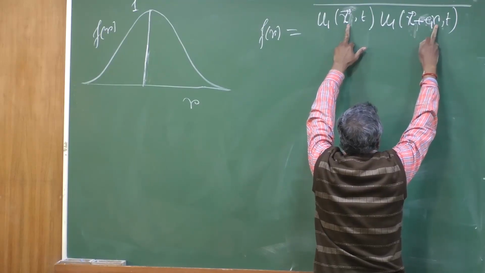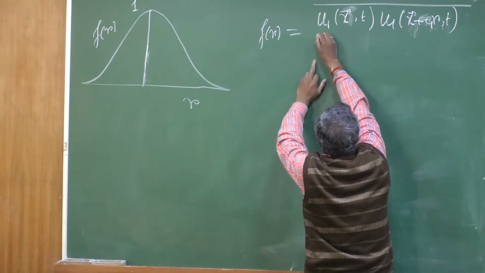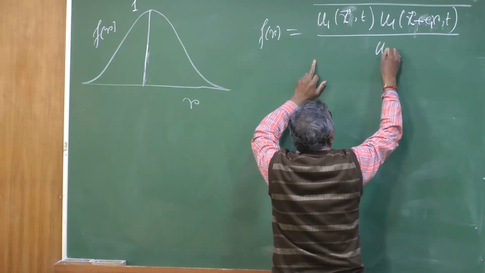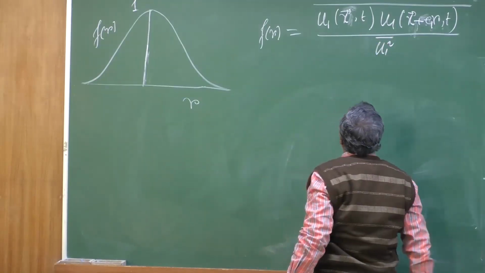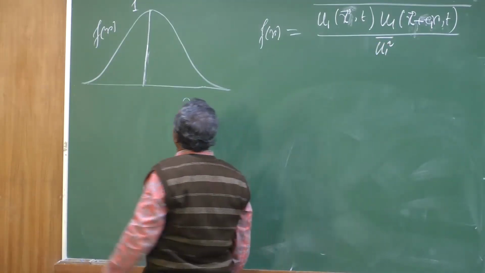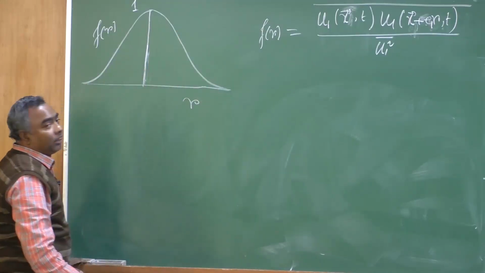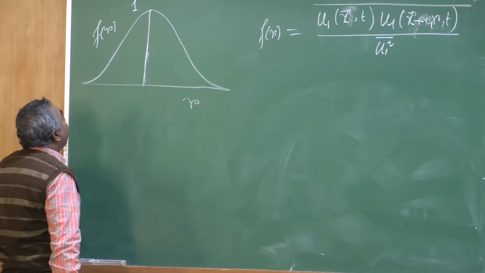So, it is only a function of r. We write this divided by u_1 square bar. This is our function, and if we plot it, this is what our correlation function will look like in a turbulent flow.